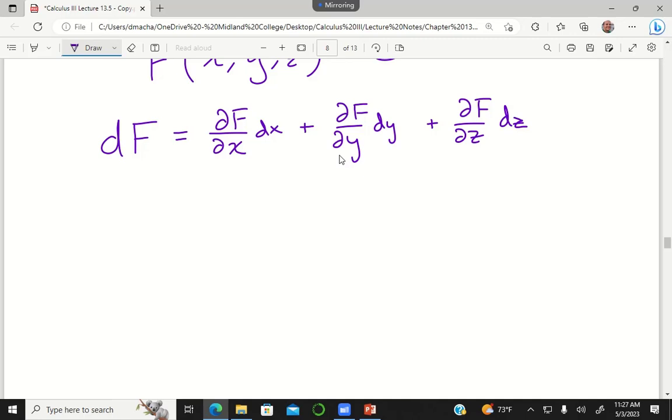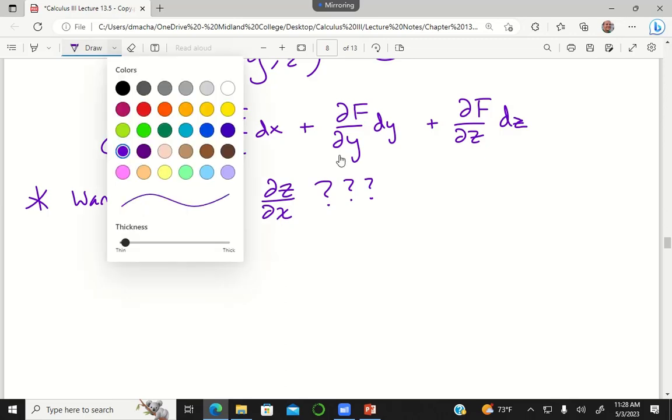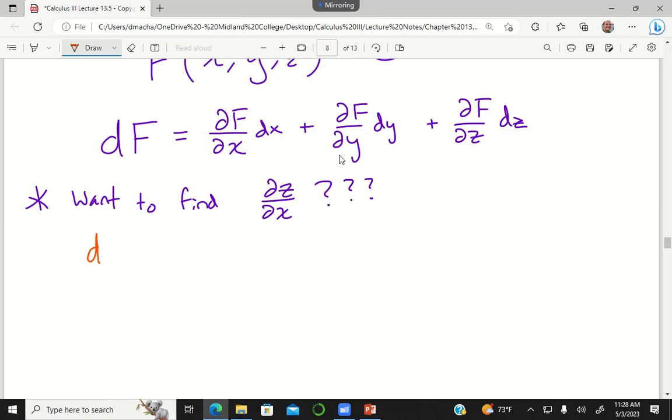Now what if I want to find the partial derivative of z with respect to x? If that were the case, my first step is going to be to start with this total differential of f and then take the dx in the denominator.